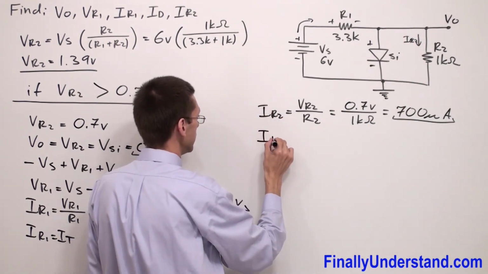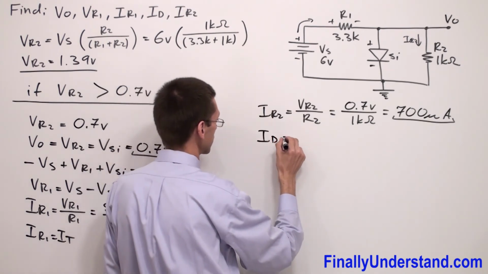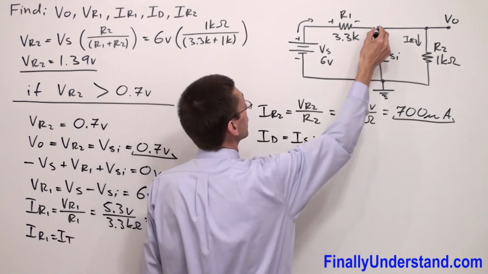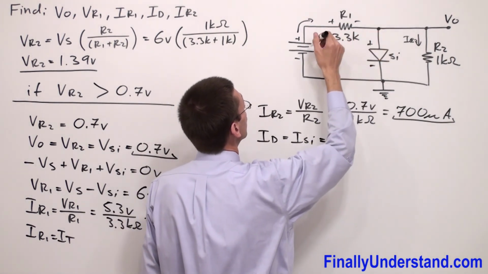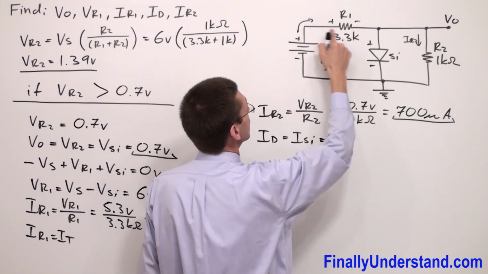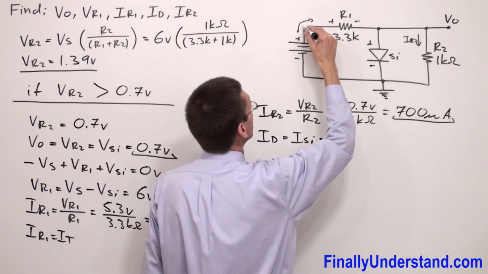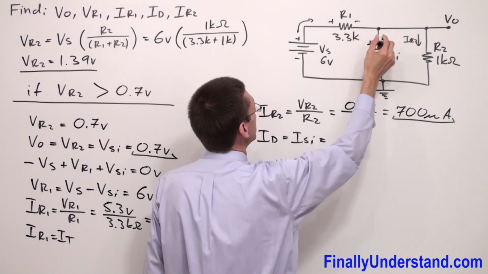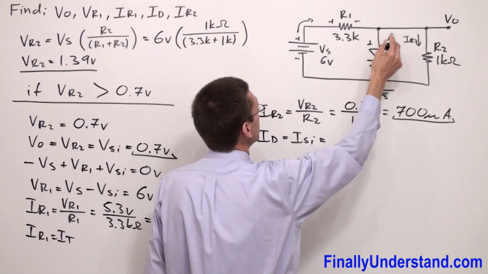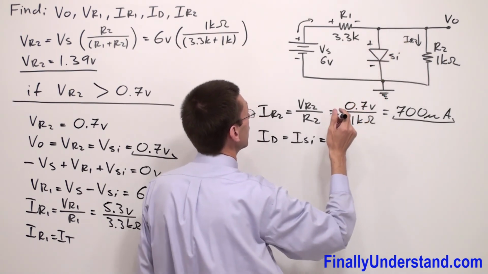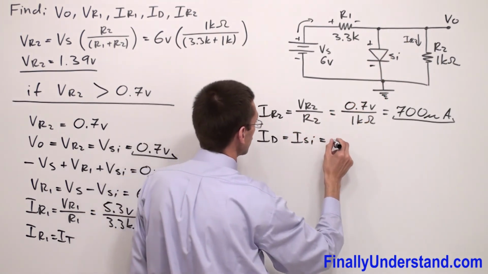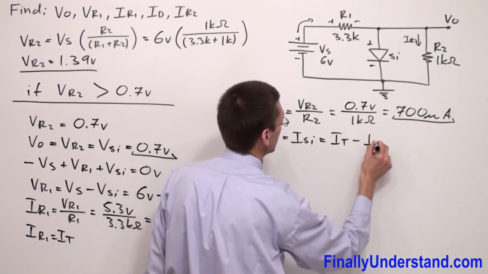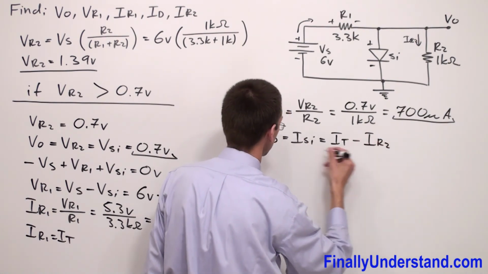If you want to find ID, the current which goes through the silicon diode, we can say ID or ISi. This is nothing else but the difference of I total and IR2, because I total is going to come to this point and split into two currents, ID and IR2. So in order to find ID, I simply write I total minus IR2 is going to give me ID.